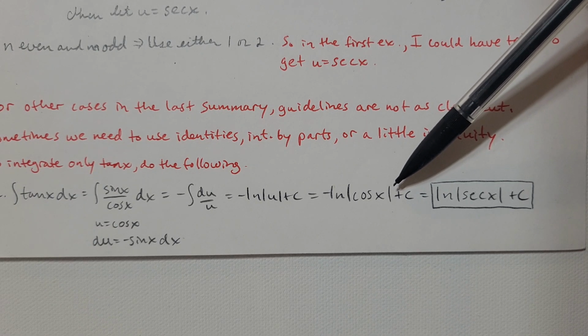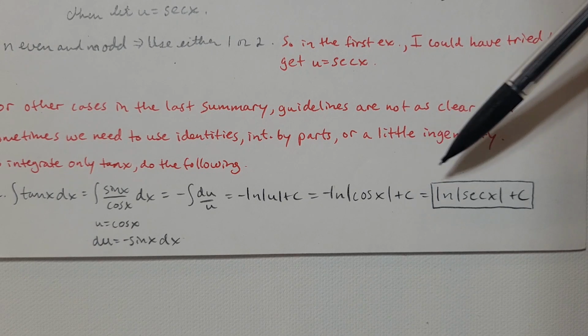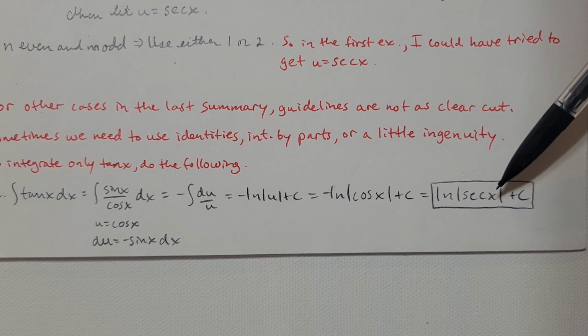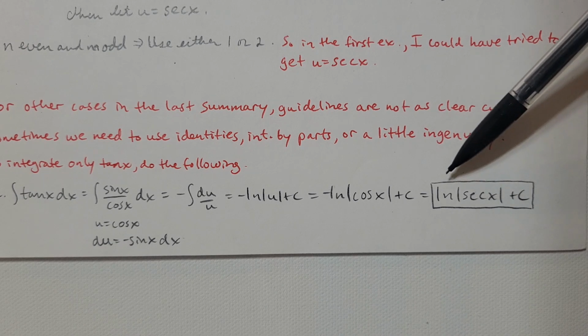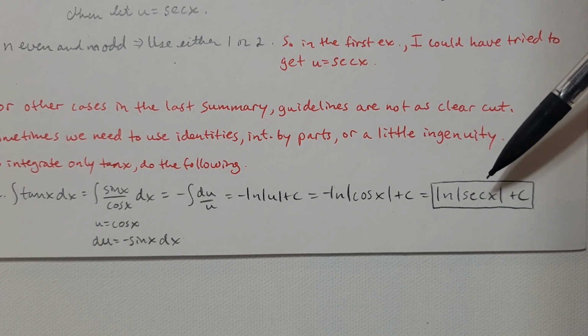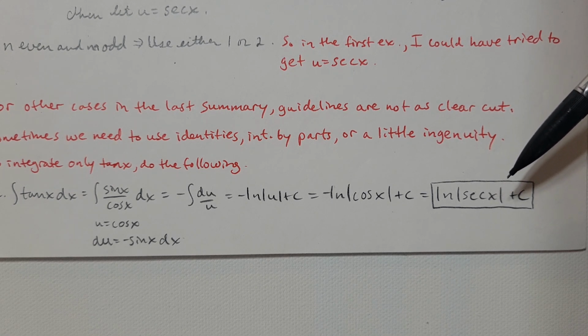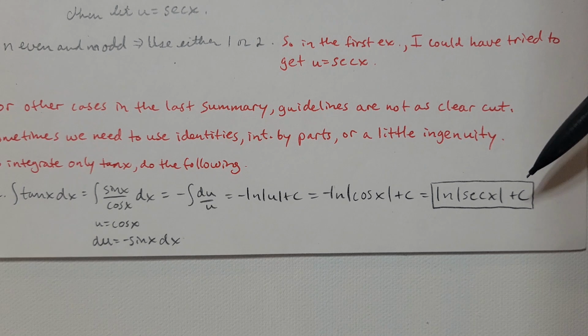That's the same as the ln of the absolute value of 1 over cosine of x. And 1 over cosine of x, by definition, is secant x, right? So I could give this as an answer also, which I've circled: the ln of the absolute value of secant x plus a constant.